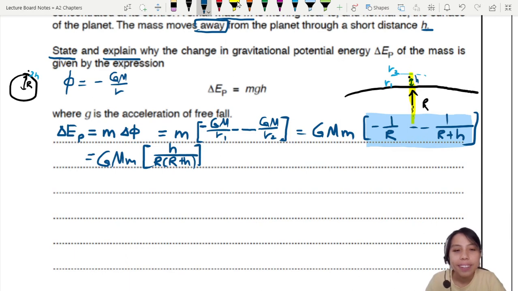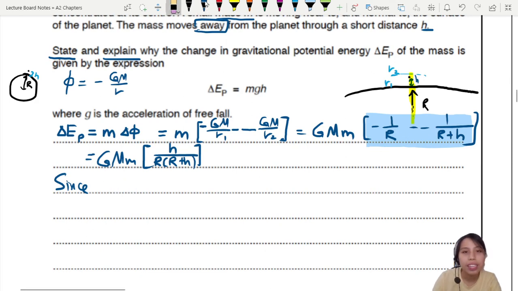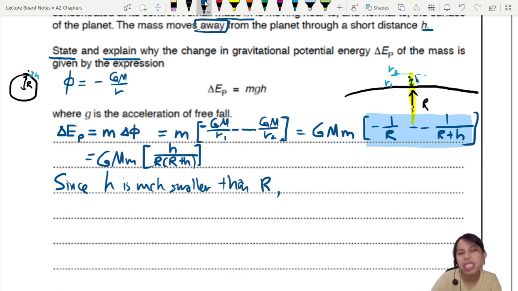Now, here's where some approximations will have to happen. We will have to say that since h is very small, h is much smaller than R, the radius of the Earth, insignificant.